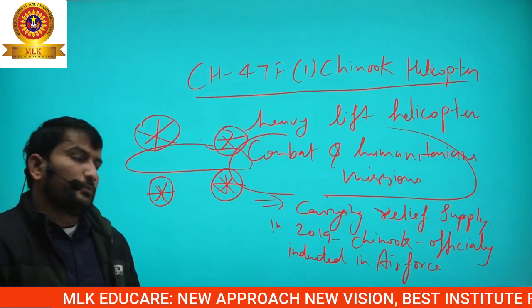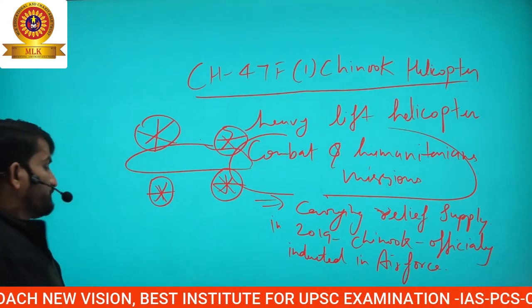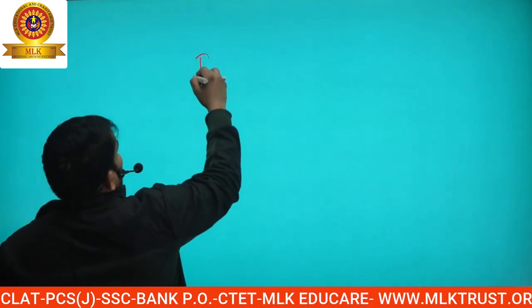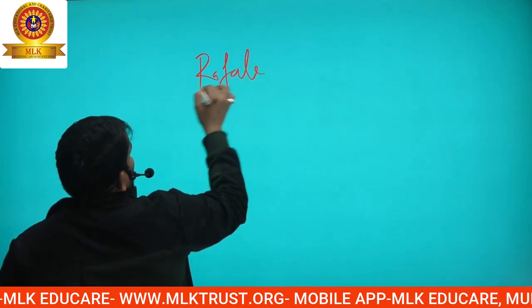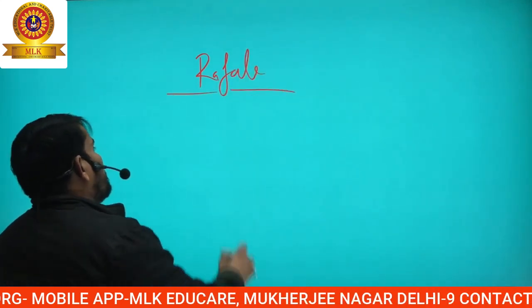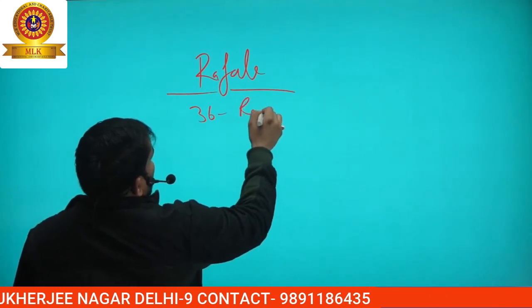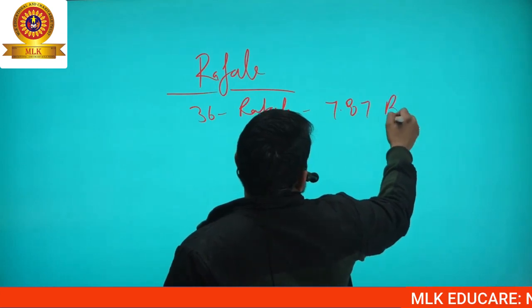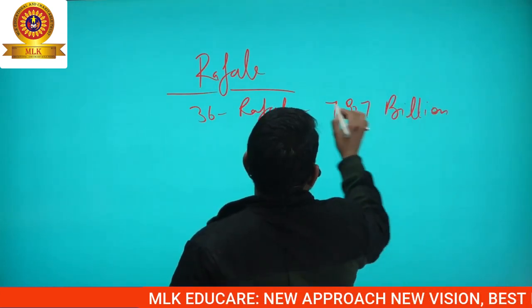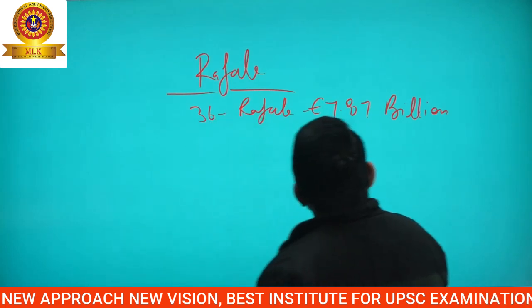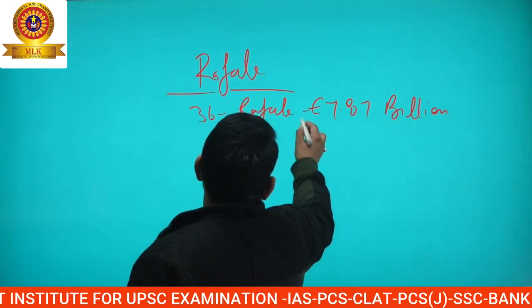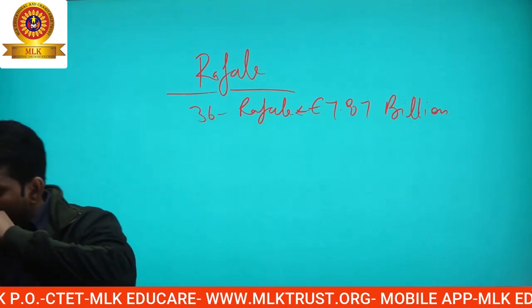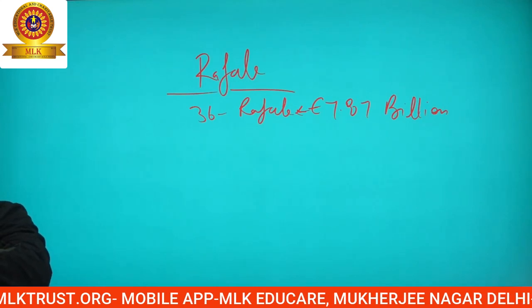Okay, 7.87 billion euro, and this deal is known as the Rafale deal, and the Rafale deal is done for the 36 Rafale aircraft. India has done this deal with France.